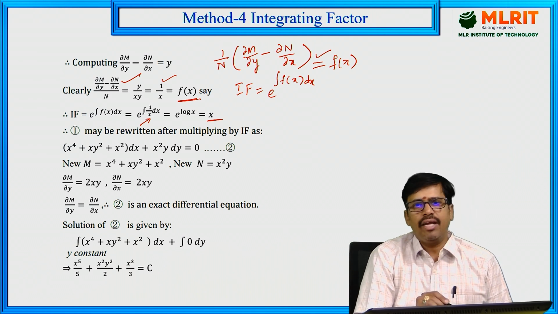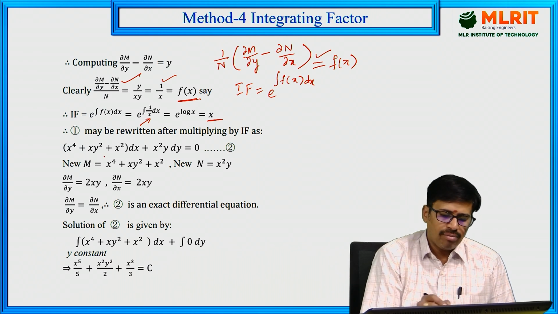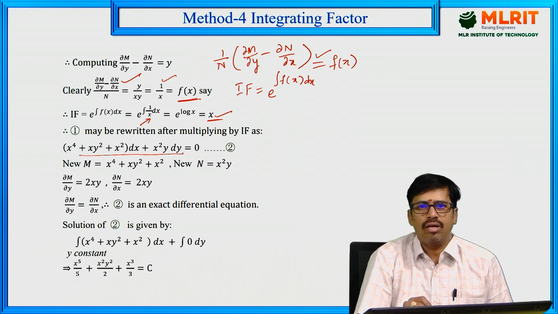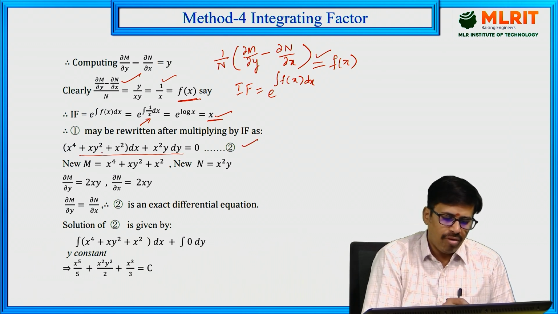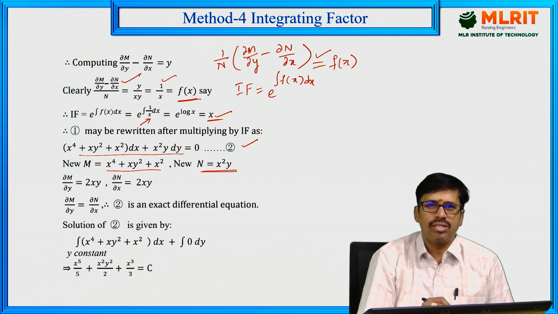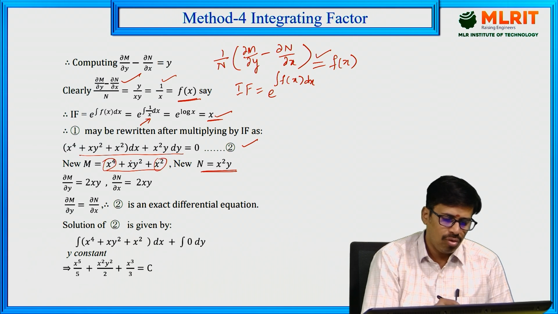Now after getting the integrating factor, we have to multiply the given equation with the integrating factor, right? So let us multiply the equation with this term x. Now it is converted into an equation, let it be equation 2. Again this is in the form of M dx + N dy = 0, where M is x⁴ + xy² + x² and N is x²y. Differentiating with respect to y, ∂M/∂y gives 2xy. ∂N/∂x is also 2xy, both are equal.